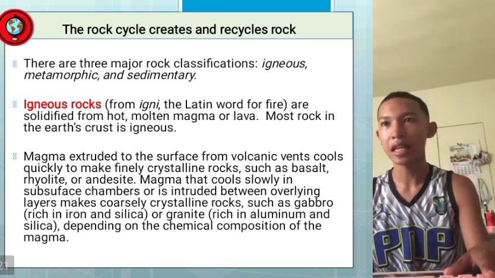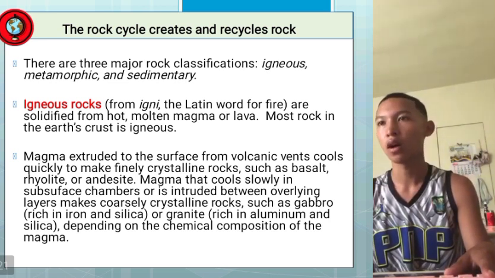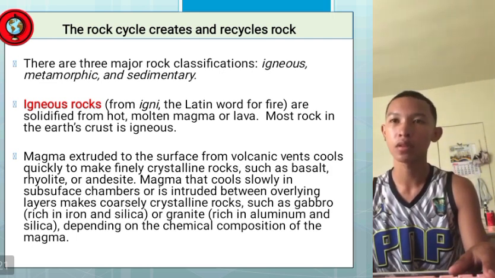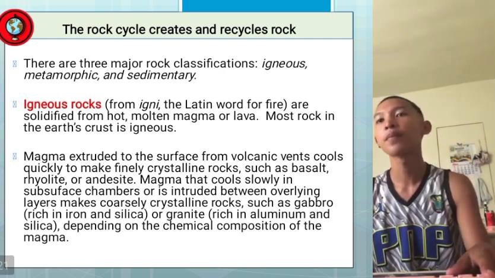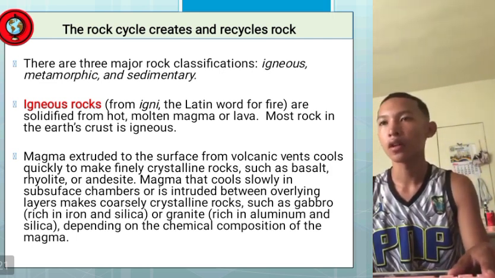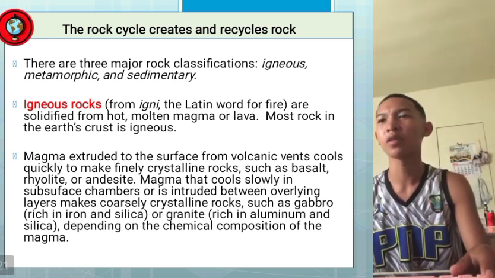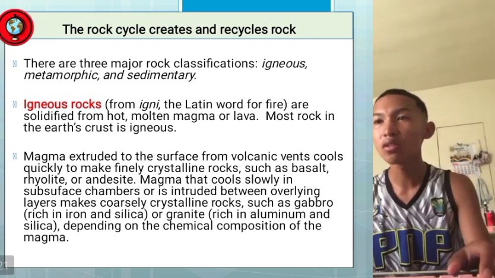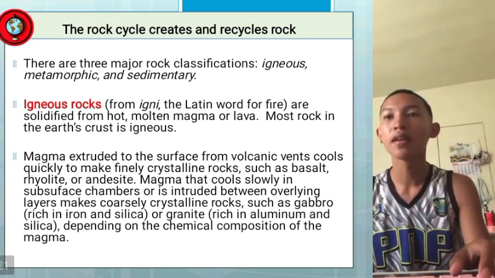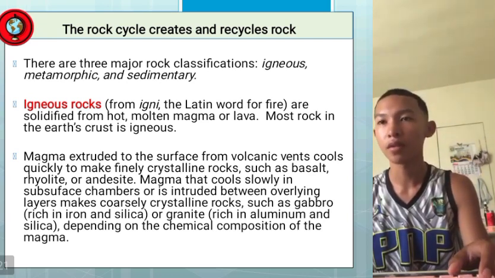So first is the igneous rock. From igni, the Latin word for fire, so are solidified forms of hot, molten magma or lava. Most rock in the Earth's crust is igneous. Magma extruded to the surface from volcanic vents cools quickly to make finely crystalline rocks such as basalt, rhyolite, or andesite.